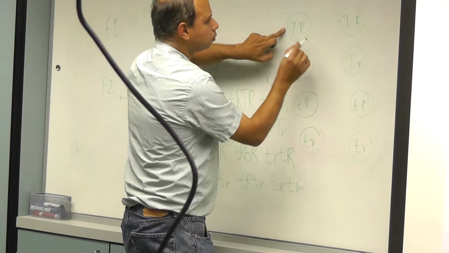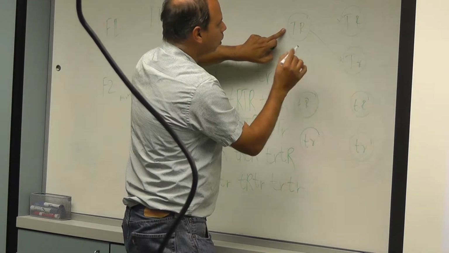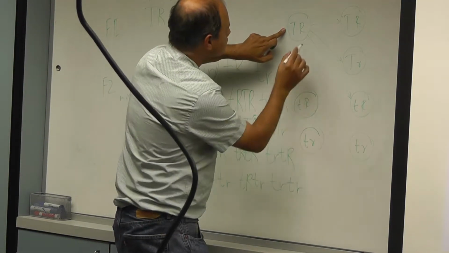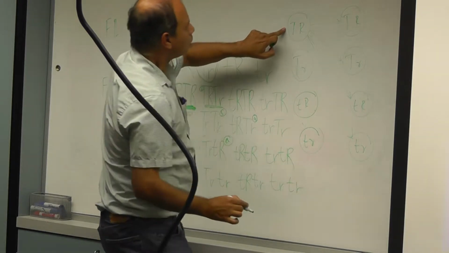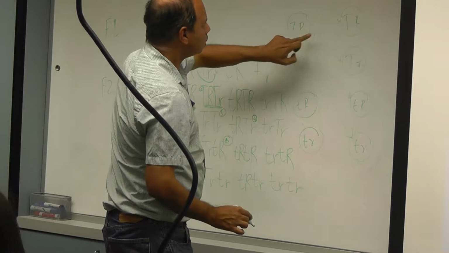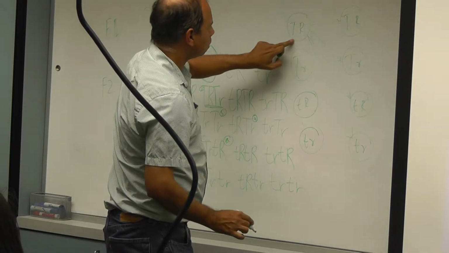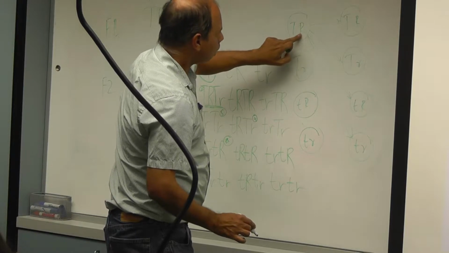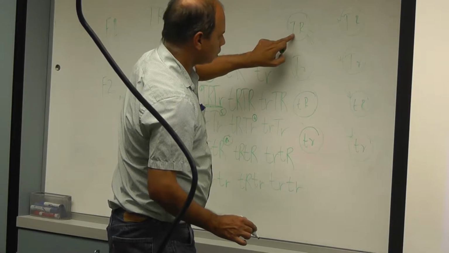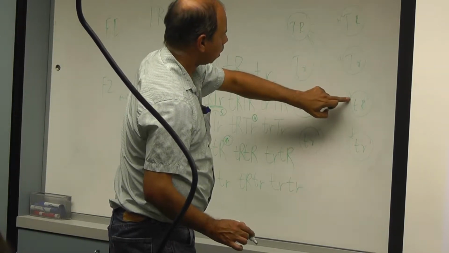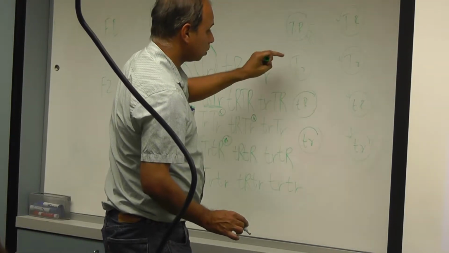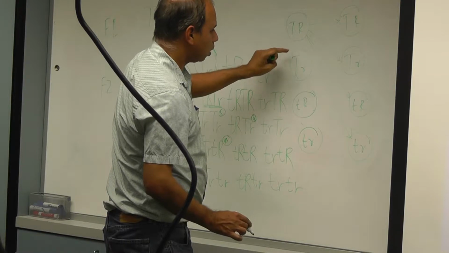This is unique. This is unique. Now, this and this, let's see, TRR, this is unique. TRRR and TRR, they are all unique.